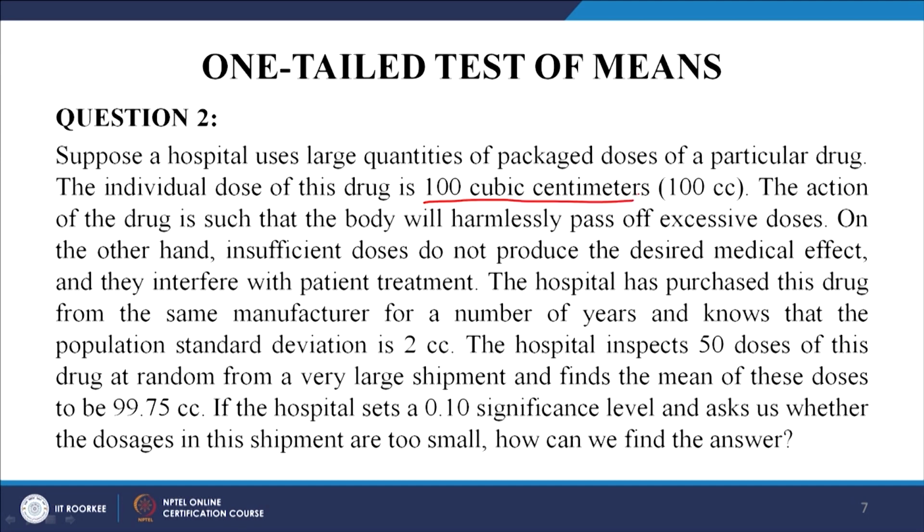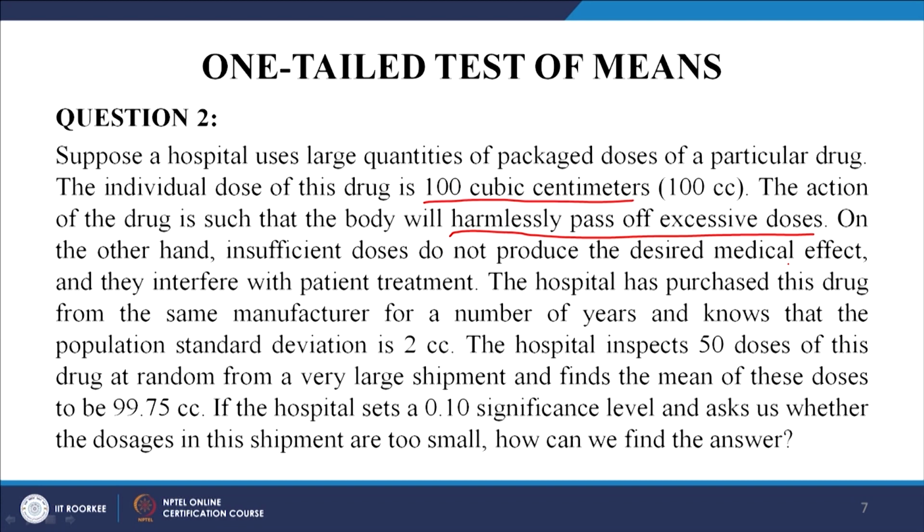The action of the drug is such that if you take excessive, it will harmlessly go out from the body. Suppose you take excessive of the drug, it has no implications, it has no effect, right. But if you take insufficient dose, then it does not produce the desired medical effect, rather it interferes with the patient's treatment.